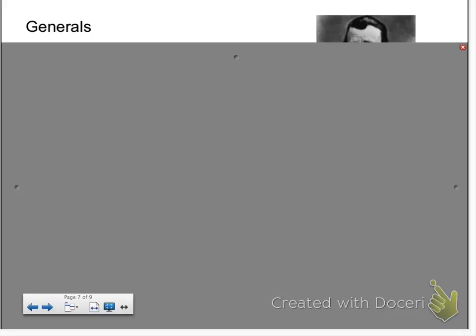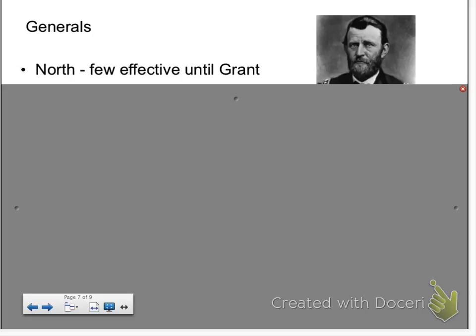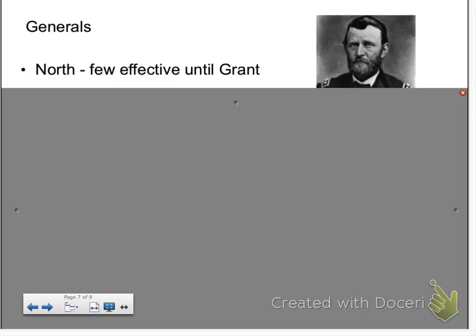Any others? All right, so here's your generals. The ones that say USA are obviously Union. Pickett? He's in the South. The North had very few effective generals until Grant. Grant started to rise up as a very good general in the Union Army in about 1862. He did not take over the entire Union Army until late 1863, after Gettysburg. It wasn't during Gettysburg, it was after.